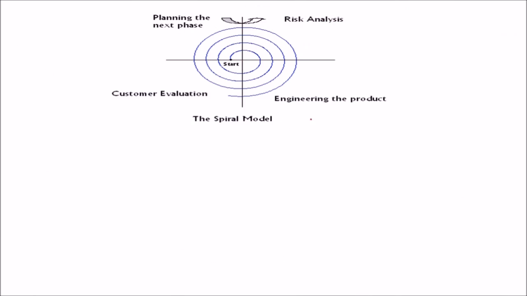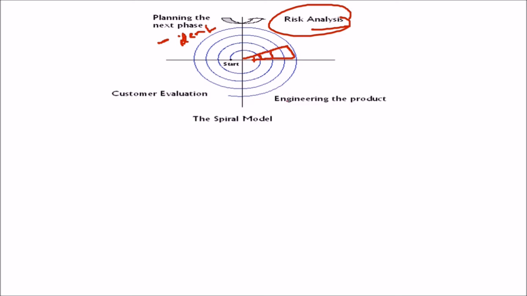This is the spiral model. Here we try to find out the constraints and the objectives, and we do the identification work, and any other option which is possible. Then we do the risk analysis here, and a prototype is created: prototype 1, prototype 2, prototype 3, prototype 4, like this. Then risk analysis is done here.